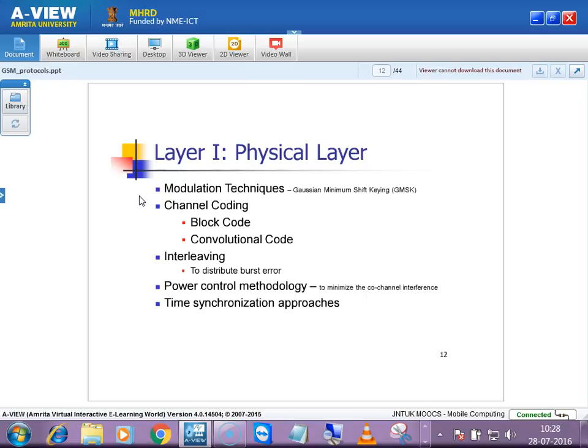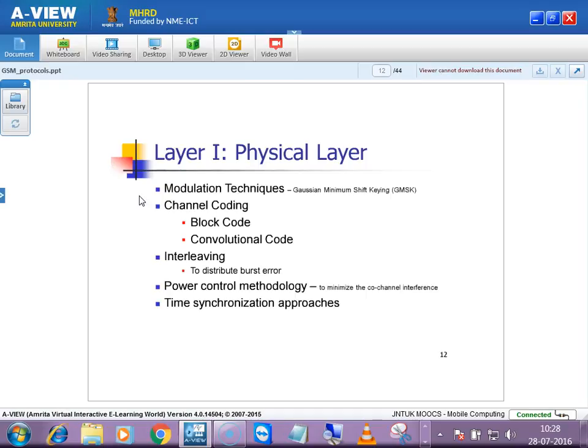So they add different blocks over there, nothing but block coding.